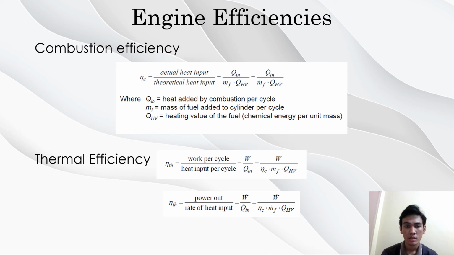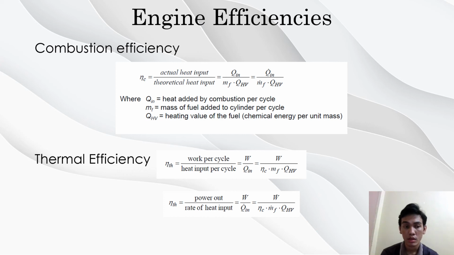Combustion efficiency is a measure of how effectively the heat content of a fuel is transferred into usable heat. From the formula, the efficiency is equal to actual heat input over theoretical heat input. As for the thermal efficiency, it is the percentage of heat energy that is transformed into work. For the first formula, the thermal efficiency is equal to work per cycle over heat input per cycle.